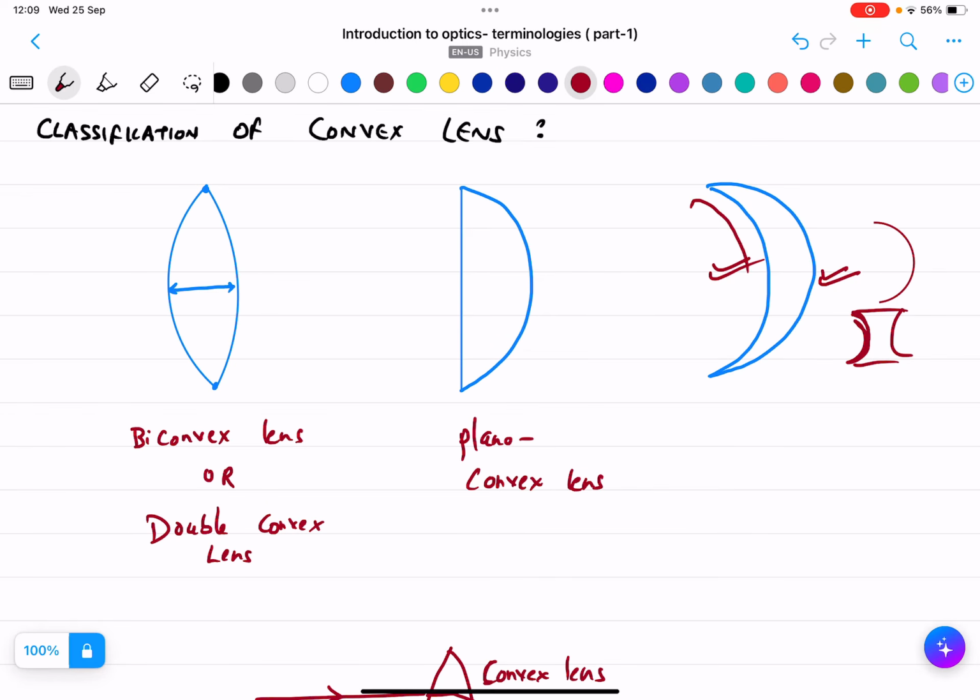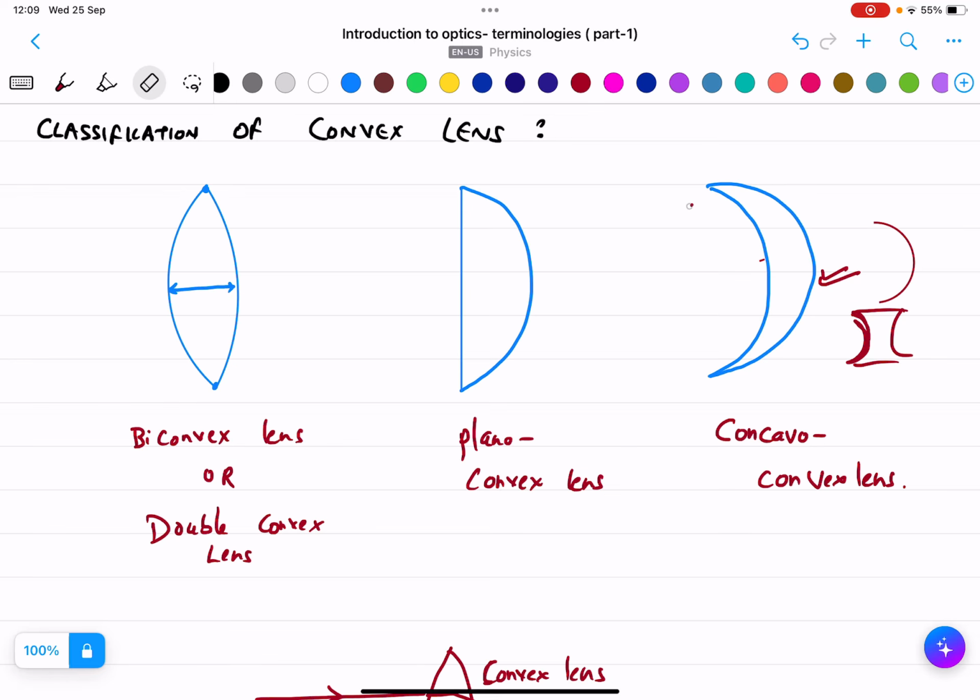So basically it is a convex lens, but the concave part is also there. So I can write it is a concavo convex lens. Okay, this is a concavo convex lens.